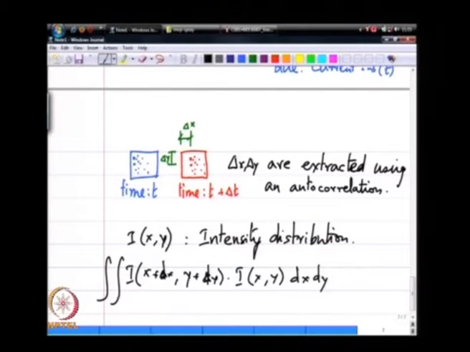So, this is basically a correlation function, the autocorrelation function of I, over a distance delta x or delta y.